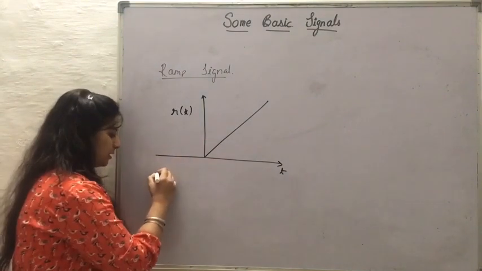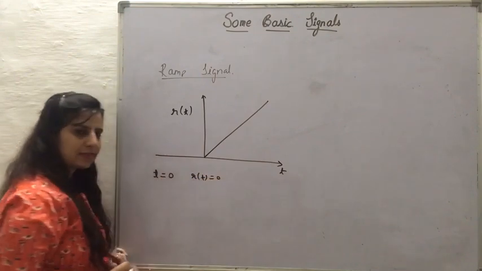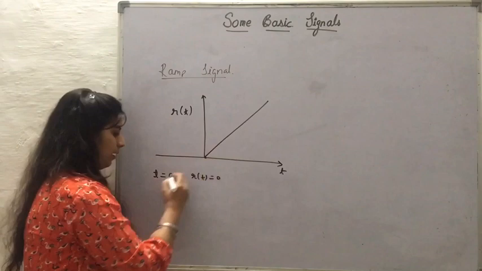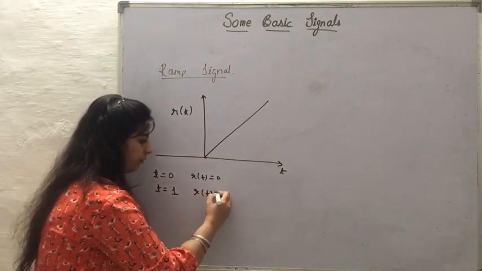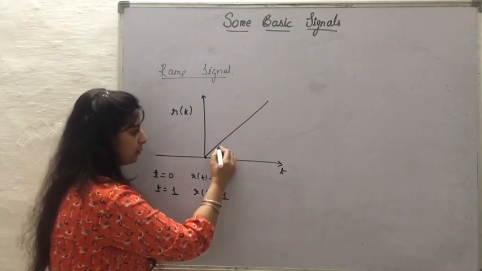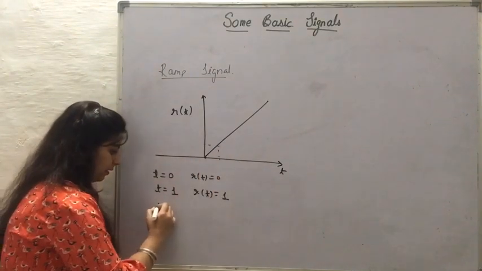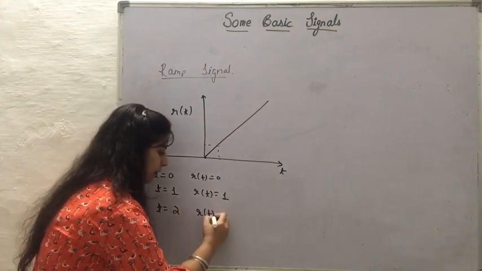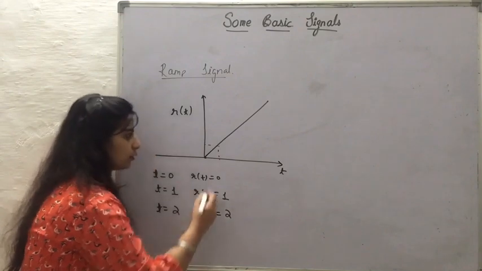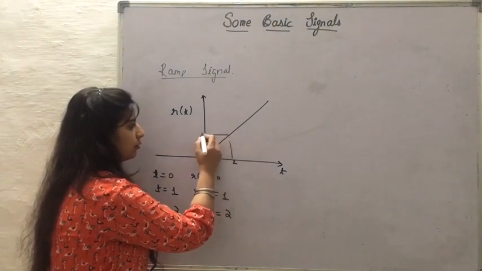So that means when time is equal to 0, r of t is 0 at this point. When t is equal to 1, r of t is equal to 1. That means when this amplitude here is 1, this will also be 1. When t is equal to 2, r of t is also equal to 2, and so on. That means for time 2, this value is also 2.